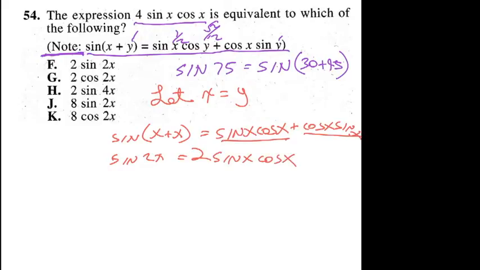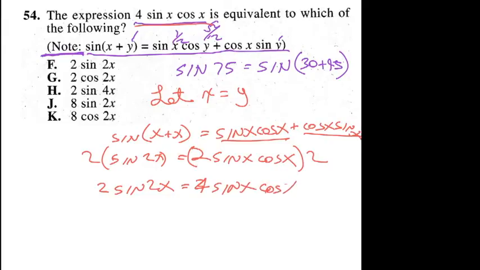Okay, well, we want 4 sine x cosine x, so now things are starting to look like we can figure it out. We're going to multiply both sides by 2. You multiply both sides by 2, and we get 2 sine 2x equals 4 sine x cosine x, and that makes the answer F, 2 sine 2x.